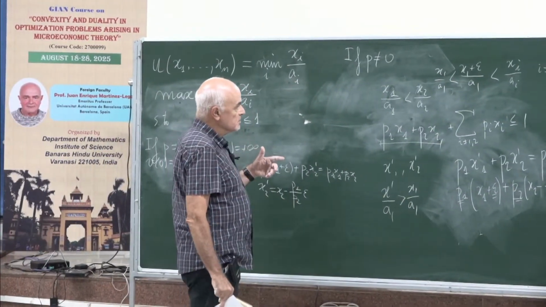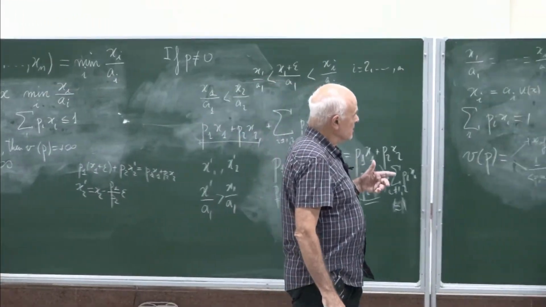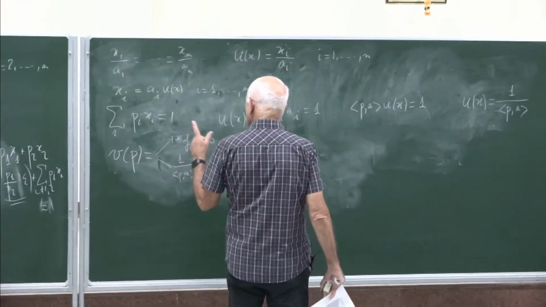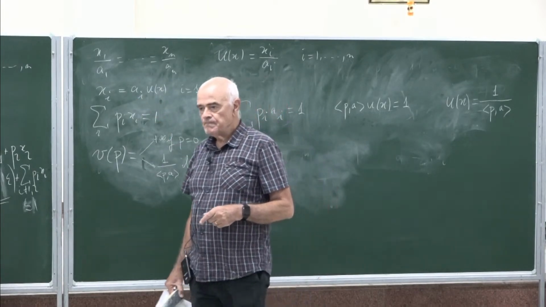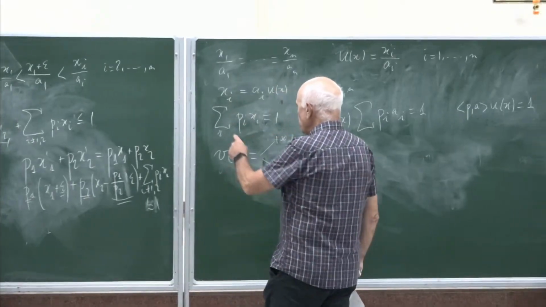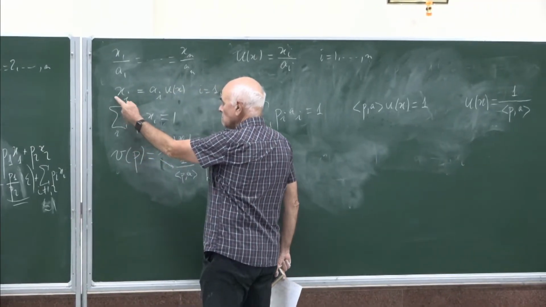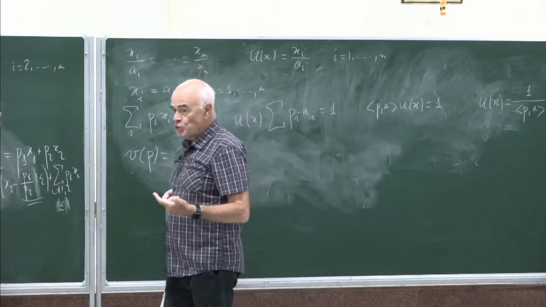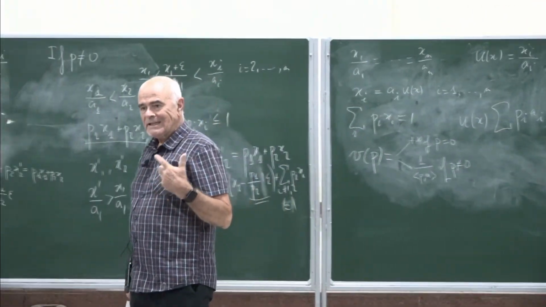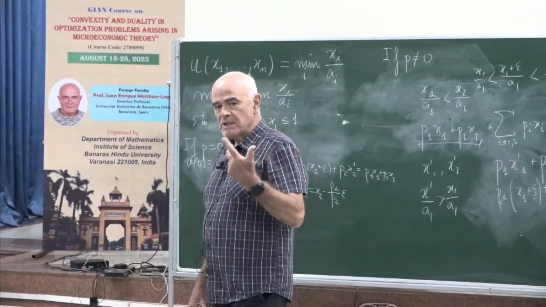This is what this condition is saying. So the optimal input, or the optimal good, is proportional to the proportion of that good that enters into your recipe.